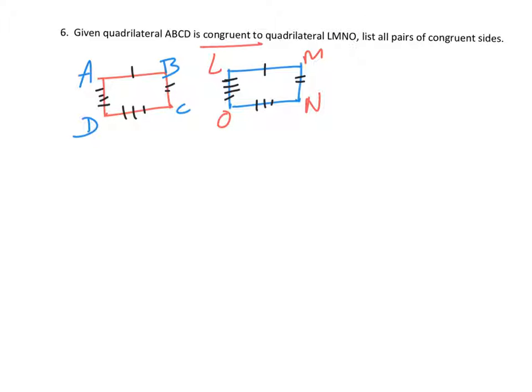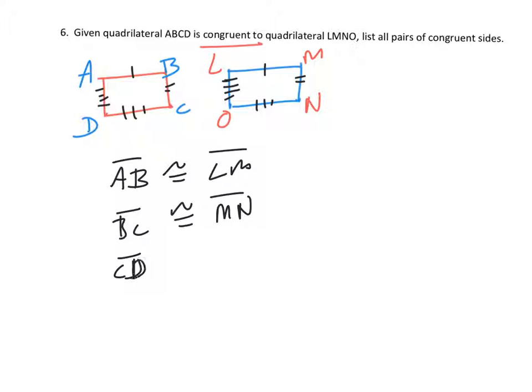So, congruency. So, AB. Again, don't forget the length segment marker there. Congruent with LM. BC, congruent with MN.